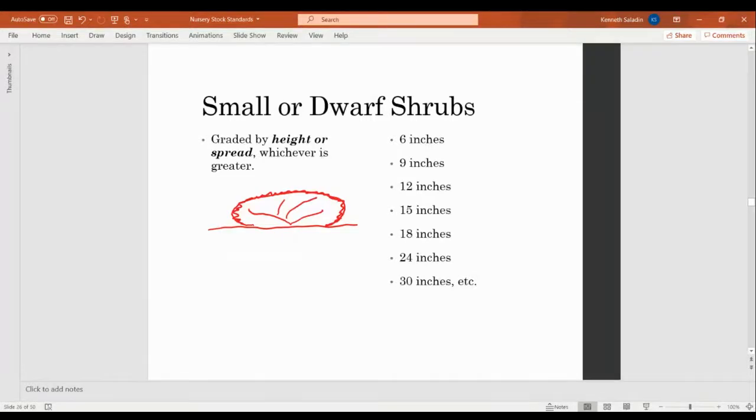If you're grading a shrub like this, obviously this shrub grows wider than it does tall, and this particular shrub would be graded by spread. What do we mean by spread? Spread is this dimension going this direction. That's what we mean by spread.